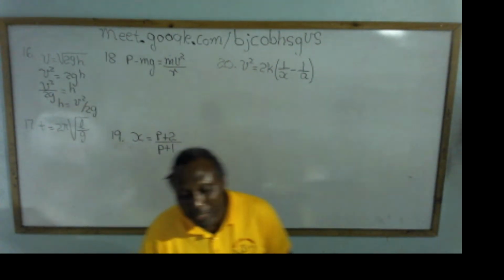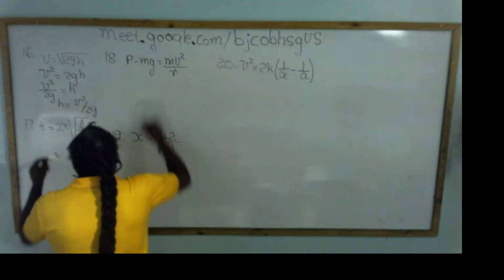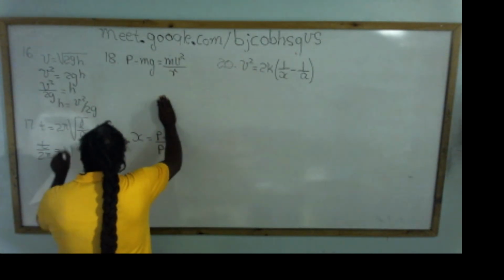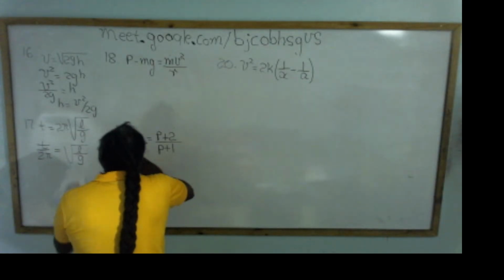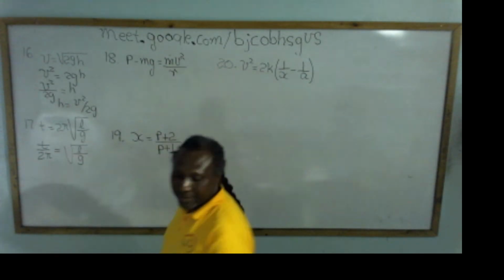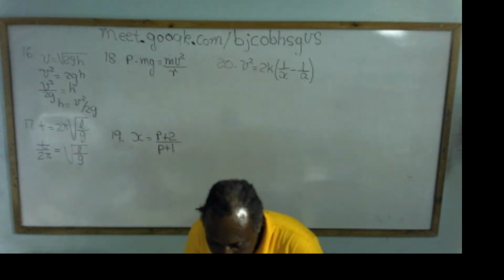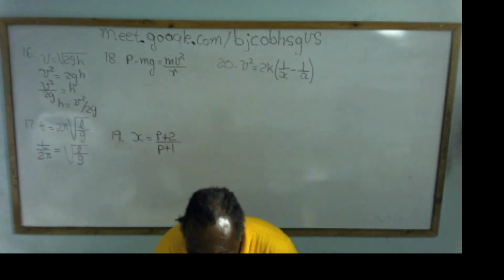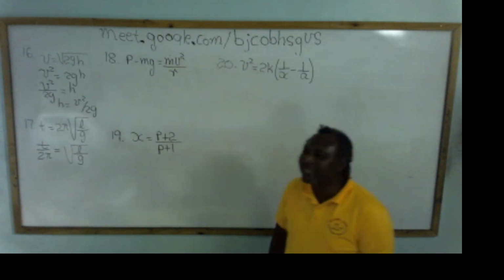No answer. Well, I'll eliminate the 2 pi first. So we'll have what? T over 2 pi is equal to the square root of L over G. And this problem is closely analogous to one of the problems that we solved in the first class. So I've eliminated the 2 pi.